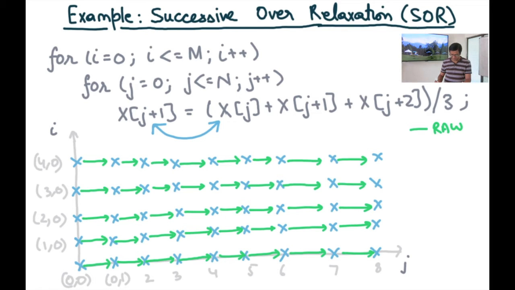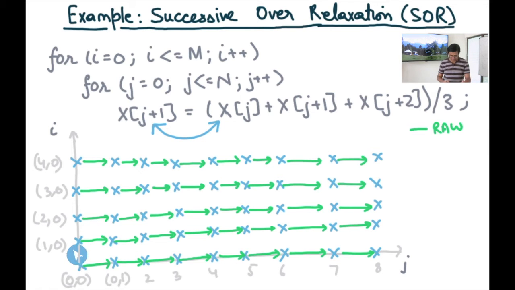Now there are more dependencies. What are the other dependencies? If I look at dependencies across different iterations of i, at (0,0) and (1,0), notice that both are going to write to x[1]. So there is a write-after-write dependency between (0,0) and (1,0).